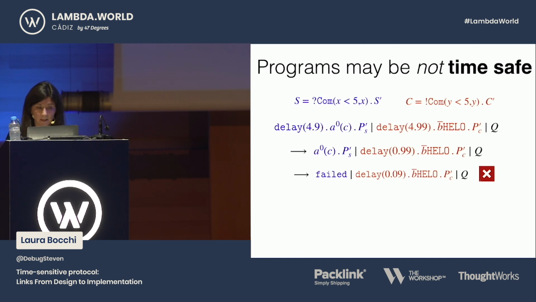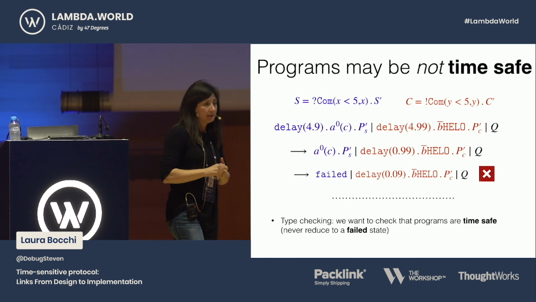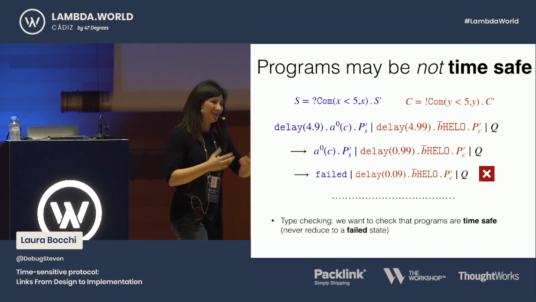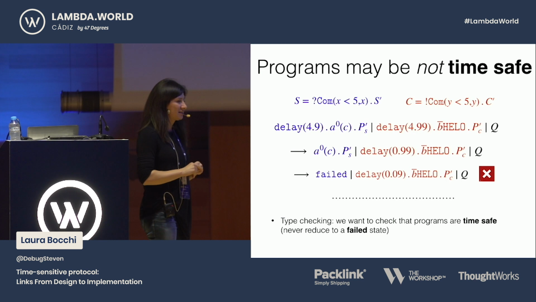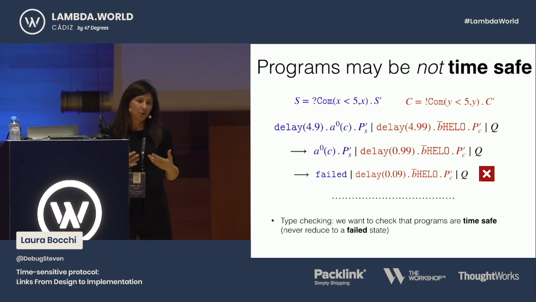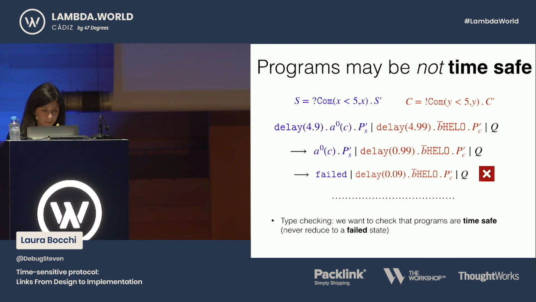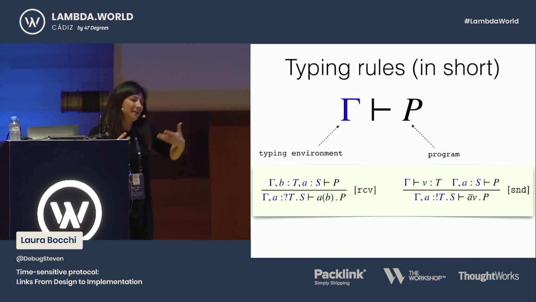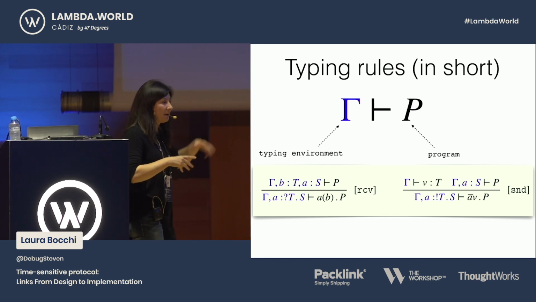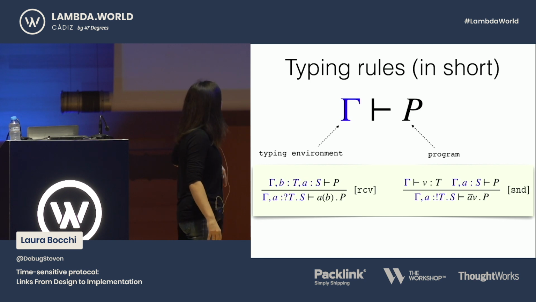So we want to provide a mechanism that not only checks the well-structuredness of the implementation, but also checks its time safety, that time constraints will not be violated. This is done by algorithms that implement a typing system. I will not go into the details, I just want to give you a glimpse of how it works.